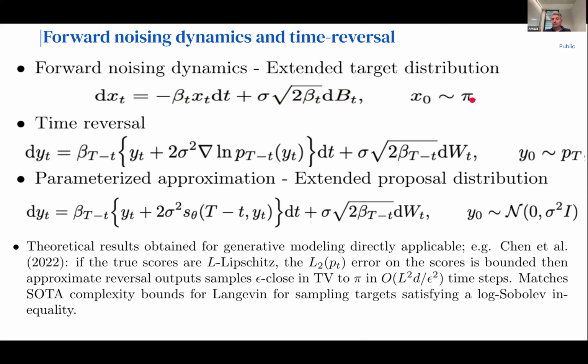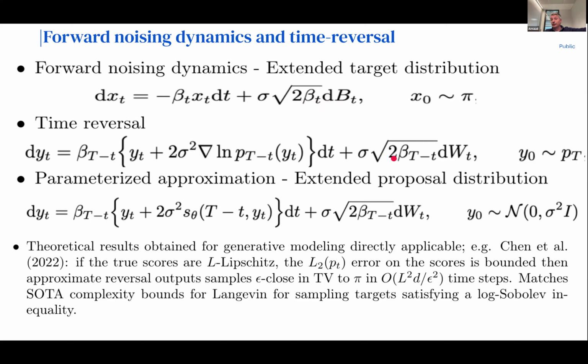So to sample from it, what could I do? Maybe the best thing to do would be to sample from the time reversal of this process. This process goes from pi and diffuses slowly towards a multivariate normal distribution. Now, if I want to do Monte Carlo sampling, I like to do the reverse: start from the multivariate Gaussian distribution and reverse this noising dynamic of the Ornstein-Uhlenbeck process until we sample from the original target pi.